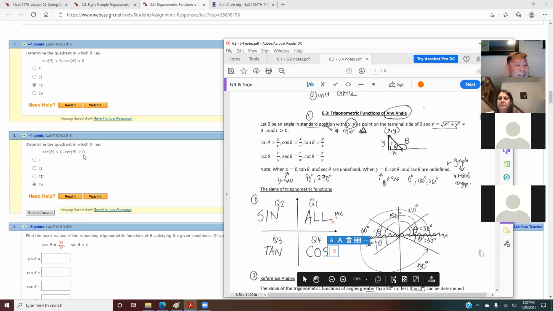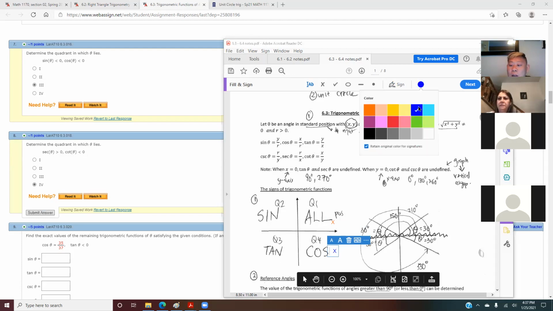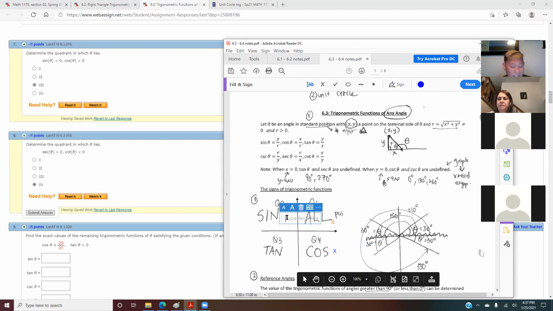And cotangent is negative. Cotangent is related to tangent. I'm going to change color here. It will be negative means it's either quadrant 2 or quadrant 4. Now you find out that quadrant 4 has 2 X's, so quadrant 4 will be the answer in this case.